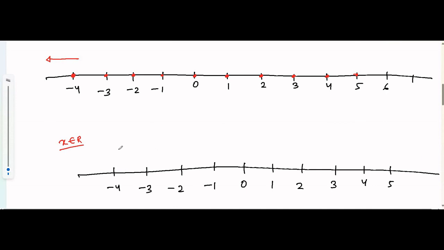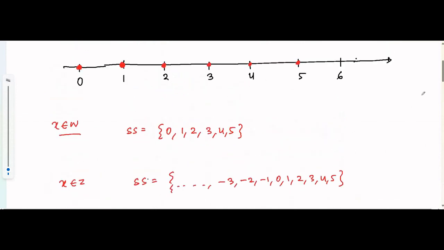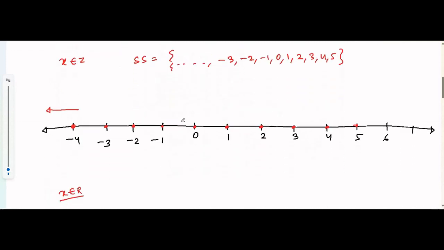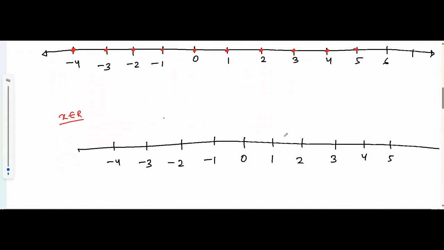Let me copy this because there are 2 points which I will try to make here: one is for x lesser than or equal to 5 and the other is for x lesser than 5. In case of real numbers, it is only applicable in case of real numbers. So let me copy this number line to save time.